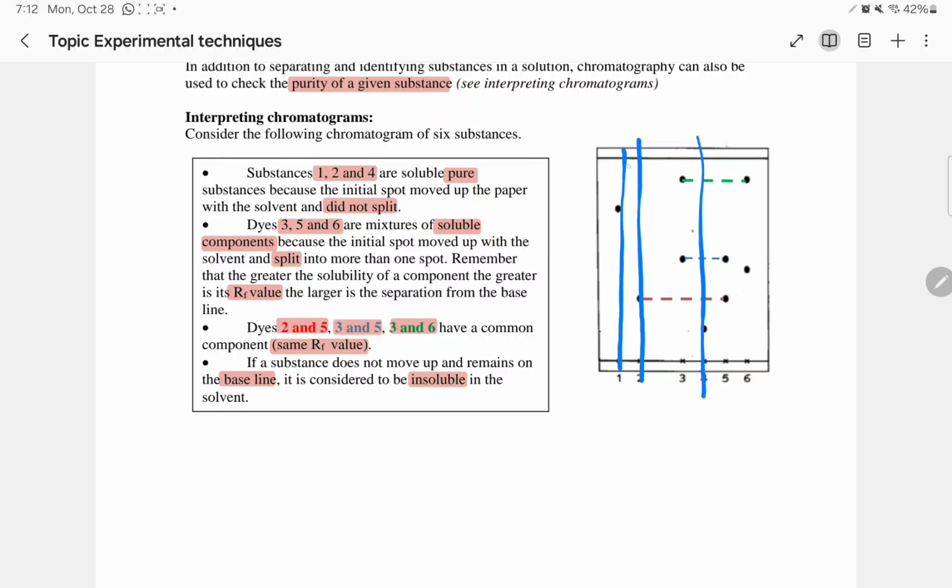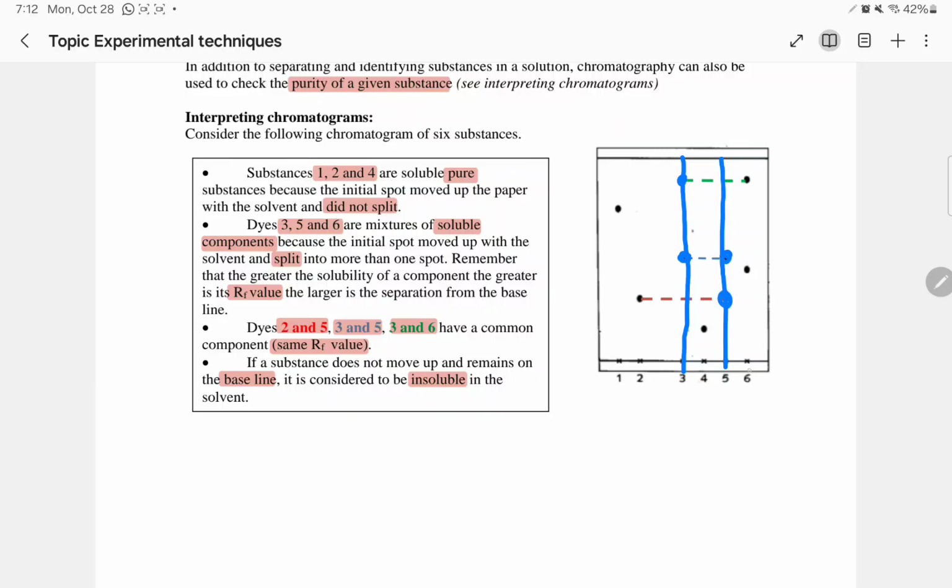Because when you draw a line, you're only going to find one singular point on those lines, and they did not split. Now 3, 5, and 6 are not, because 3 is split into 2 different points, one here, one here. 5 is also split into 2 different points, and 6 too.